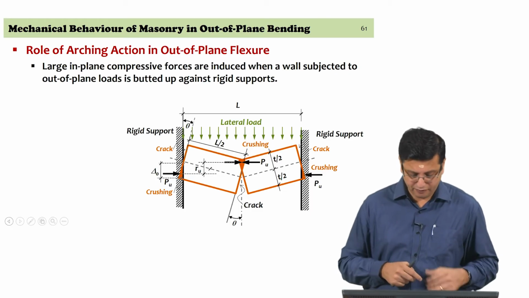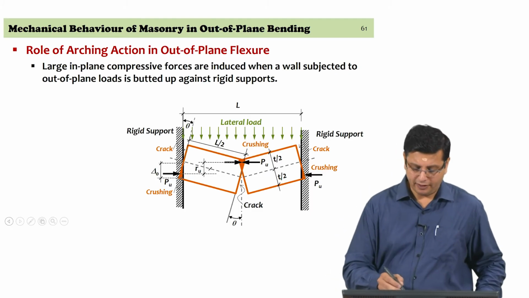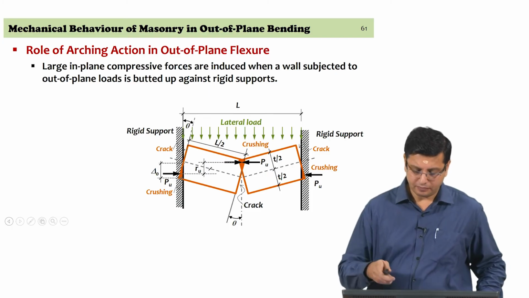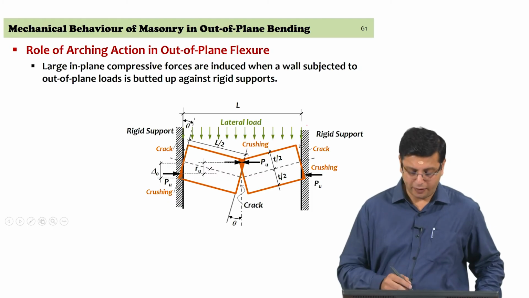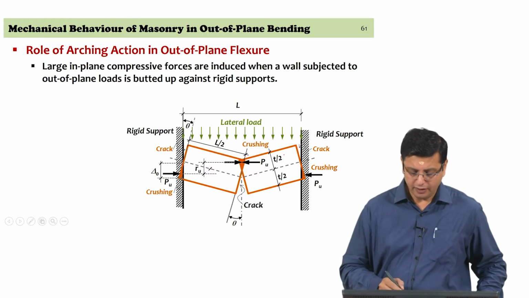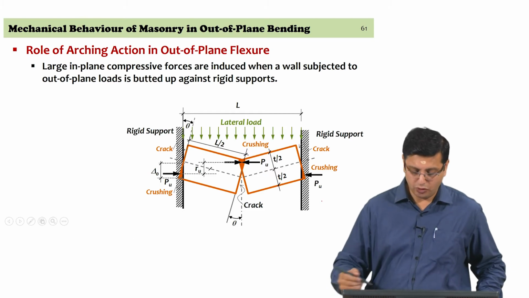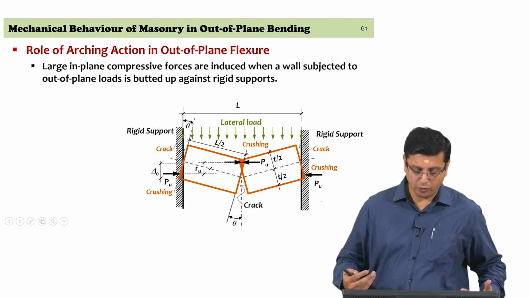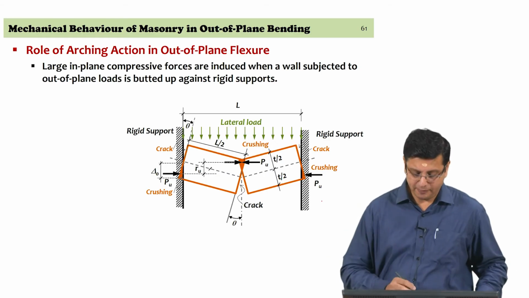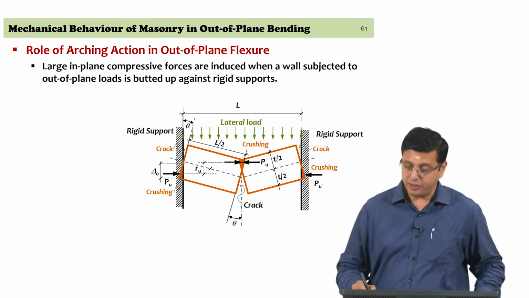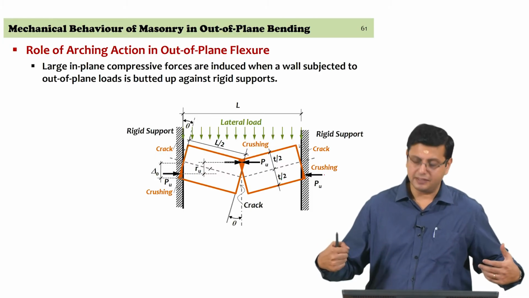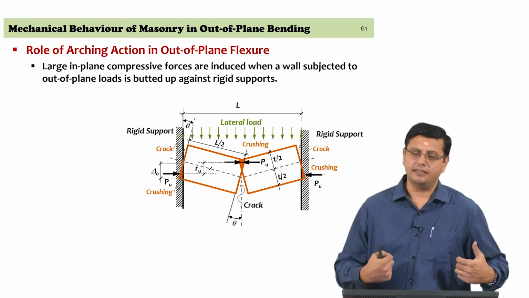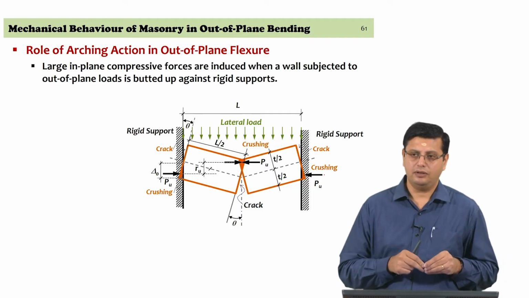Let us examine the figure for a moment. So, I have a wall of length L subjected to out of plane lateral load. It starts rotating. I have two non-moving supports. The clamping force that develops as the wall deflects is designated as Pu. It is compression, and as that increases, that section goes into plastification.